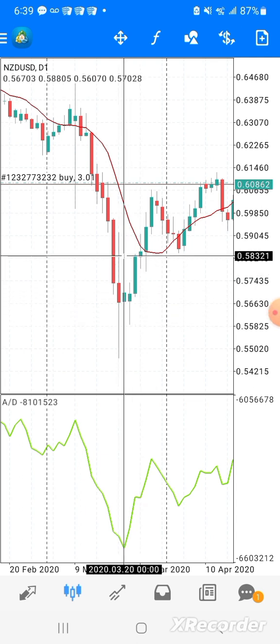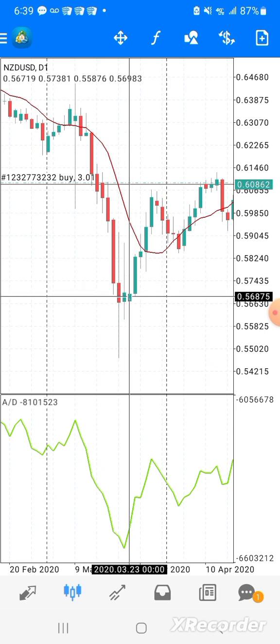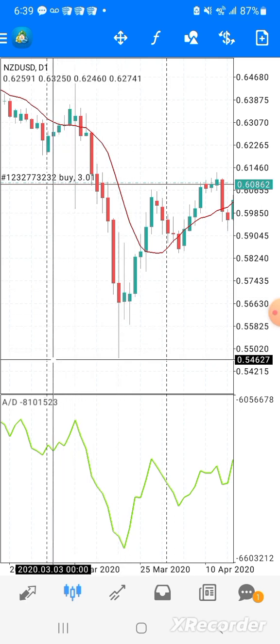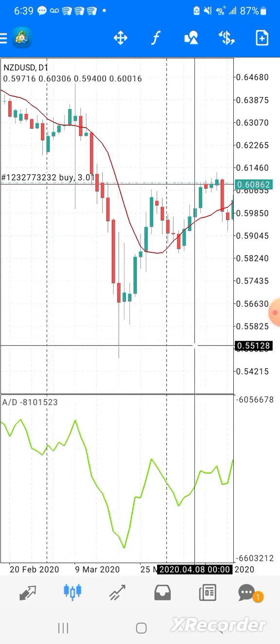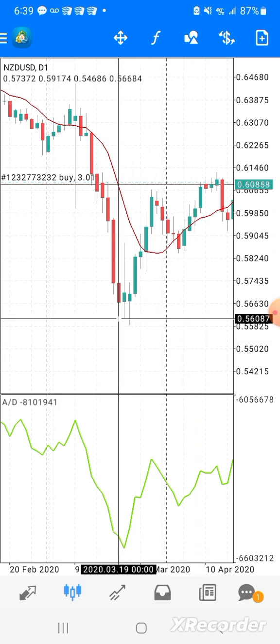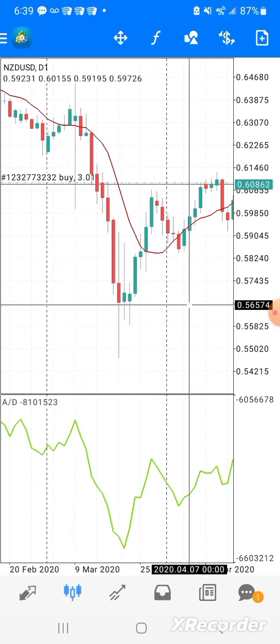Then you have the long wick or tail, the opposite, because if you really look at it, an inverted hammer is basically a hammer.